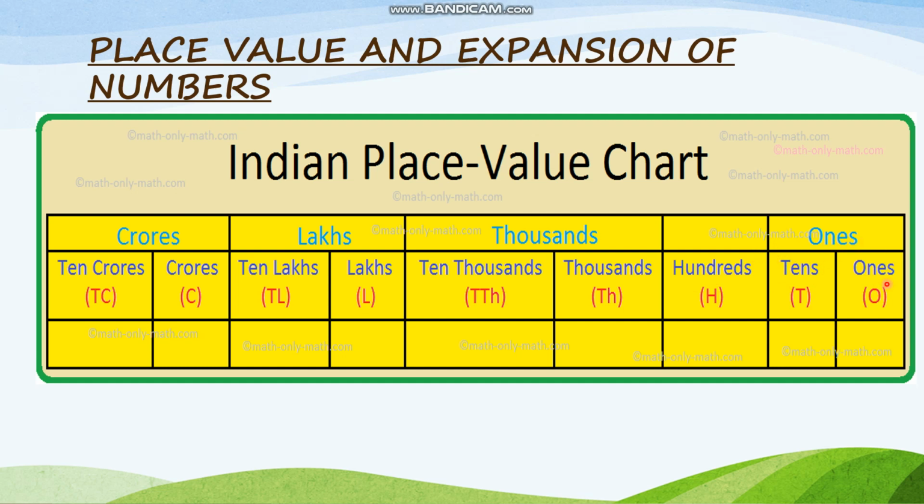Thousands place and 10,000s place together are called the thousands period. Lakhs place and 10 lakhs place together are called the lakhs period. Crores place and 10 crores place together are called the crores period. So, ones period, thousands period, lakhs period and crores period. These are all the periods according to the Indian place value chart.